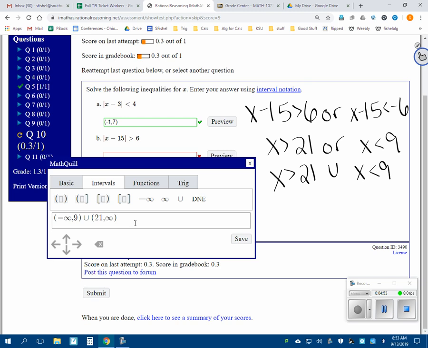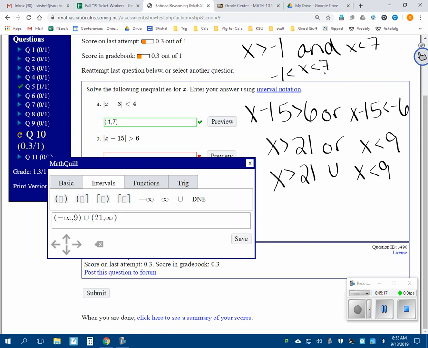However, not that it comes up in these problems, if you have an and problem, you wouldn't use a union symbol. Anybody know what you use for and problems? Like back up here, we had that x was greater than -1 and x is less than 7, which we know we can smush all together and make it this.